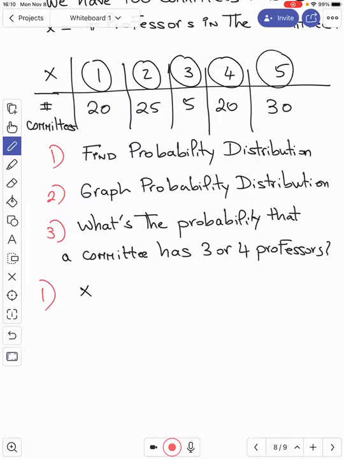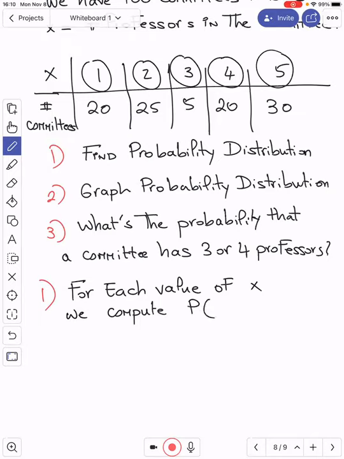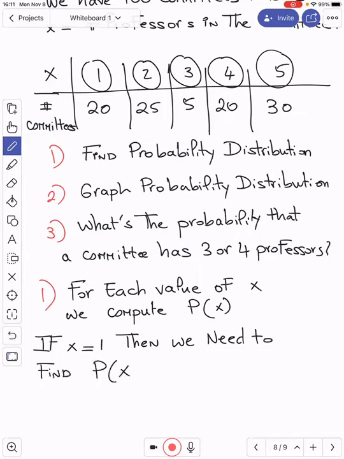So for each value of X, we're gonna compute the probability of X. So for example, if X is 1, the first possible value of X, then we need to find the probability that X is equal to 1.